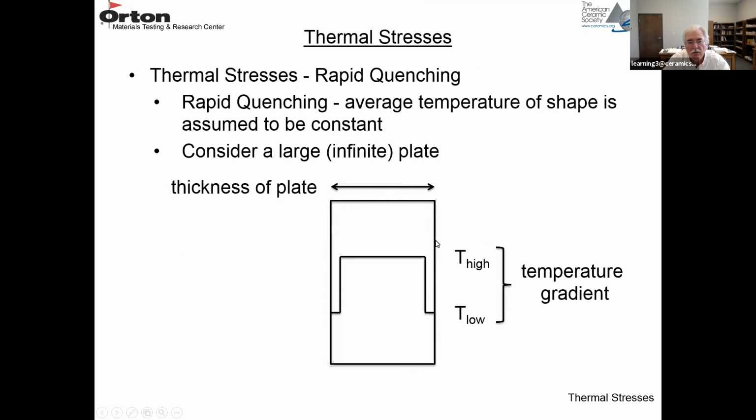So we quench this plate very rapidly, and you get a temperature gradient on the surface that looks something like this. You have the interior at a high temperature, T high, and then the quench temperature, T low, is the surface. So you have a very steep thermal gradient on the surface, it's a very thin layer. So that's the rapid quenching condition.